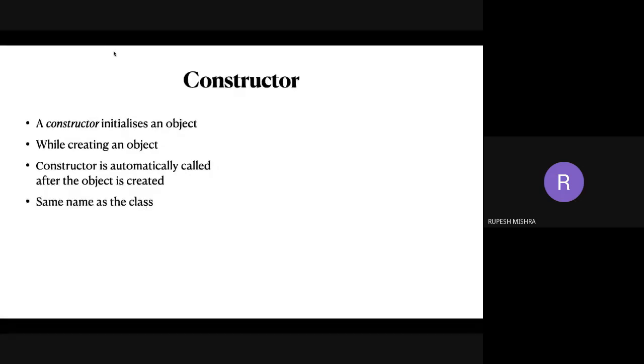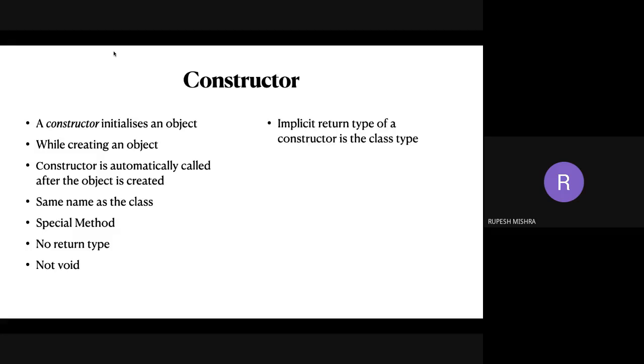Constructors have the same name as the class name. They are methods, but a special kind of method. Why are they special? First, they don't have any return type. No return type means not even void, so you don't have to write void here. This is hard coded: implicitly, a constructor always returns a class type.